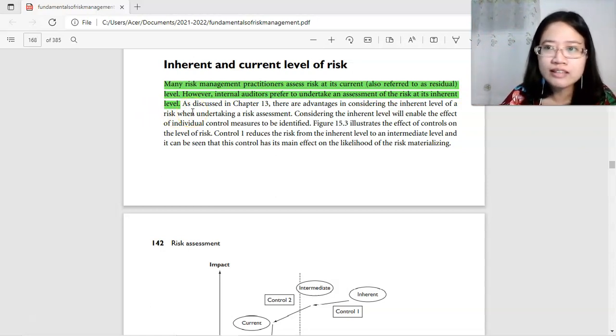Yung sa inherent, before pa mag-implement ng controls or measures to counter the risk yung isang organization. Okay? Tapos yung current, considered na yung existing controls and measures ng mga company. Okay? So, in a way, when you assess at the current level, tinitake into account mo na rin yung effectiveness ng controls na in-implement ng company.